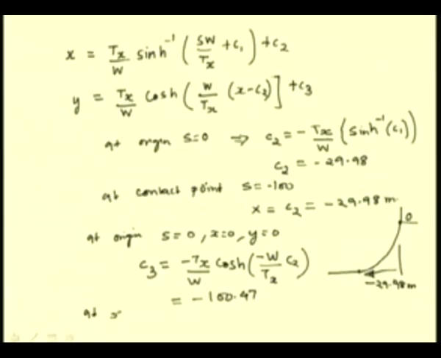At the point of contact with the ground, x equal to minus 29.98 meters, and we substitute this in this equation to find that y is equal to h by W plus C3, which is minus 90.47 meters. So, at the place where the cable is in contact with the ground, the y coordinate is minus 90.47 meters. So, the height at which the blimp is flying is 90.47 meters.